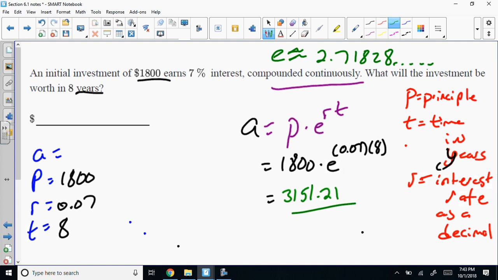Yay or nay? 8 years, $1,800 now. It didn't even double, did it? Okay. Any questions? You good?